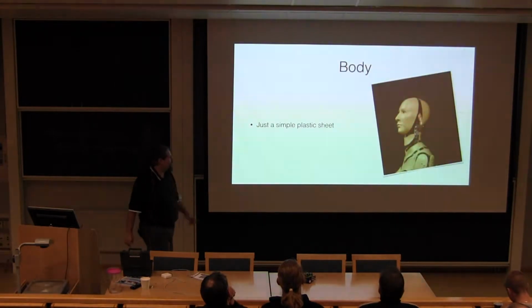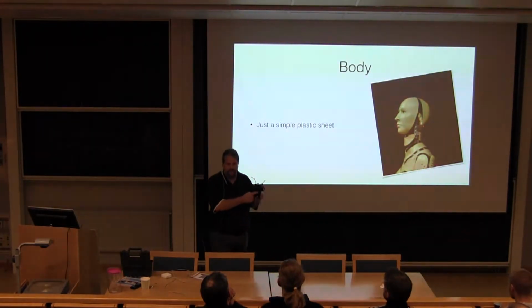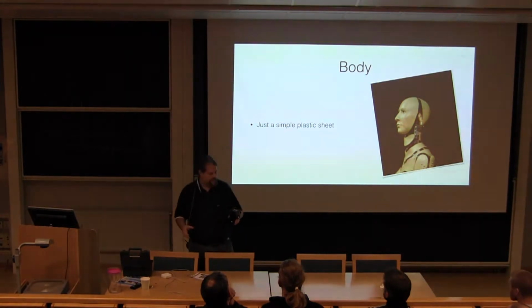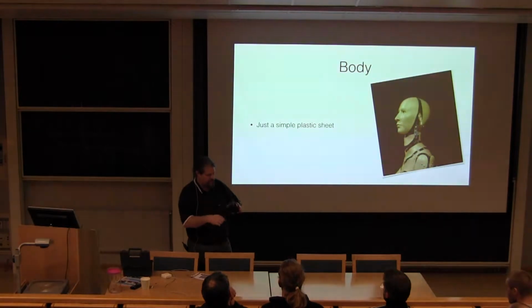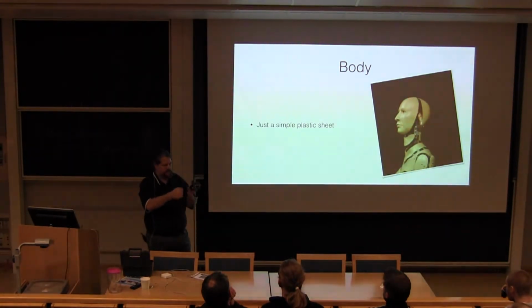And for the body of the robot, I made it very simple. Just a plastic sheet found in a drawer. That's the easy part. And then I had found some other mechanical parts here, and I had another little plastic part that I cut through to put the power switch in.